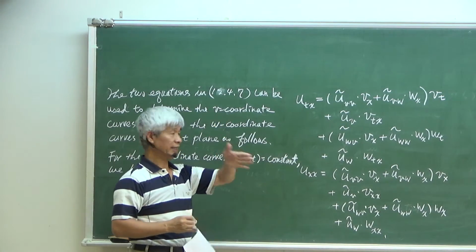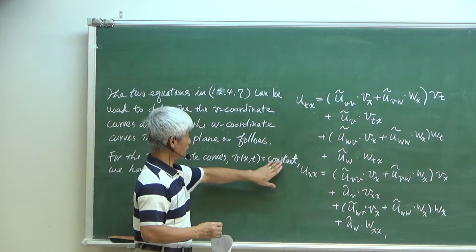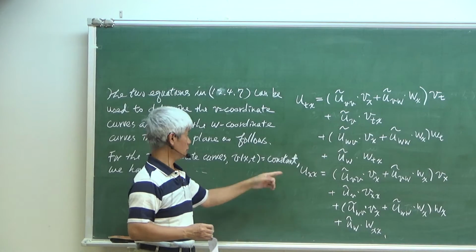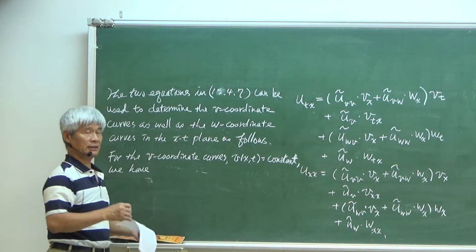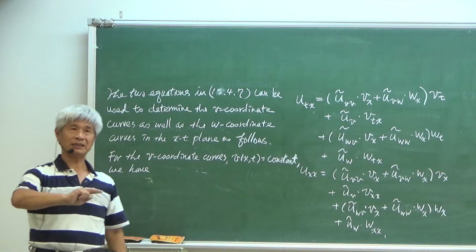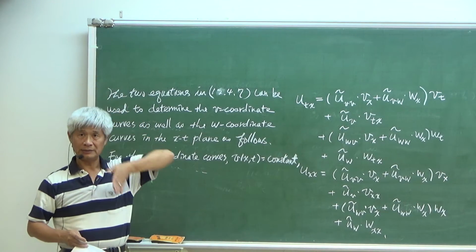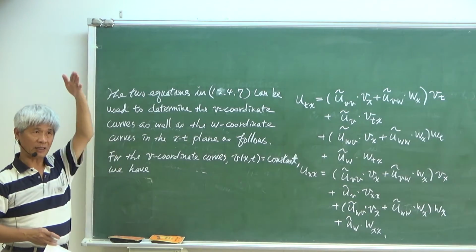The constant we can change because this is a coordinate, so you can set the coordinate to be 0, 1, 2, 3, 4, 5. Just like if our coordinate is linear, the V coordinate should be a straight line, but there are a lot of lines.